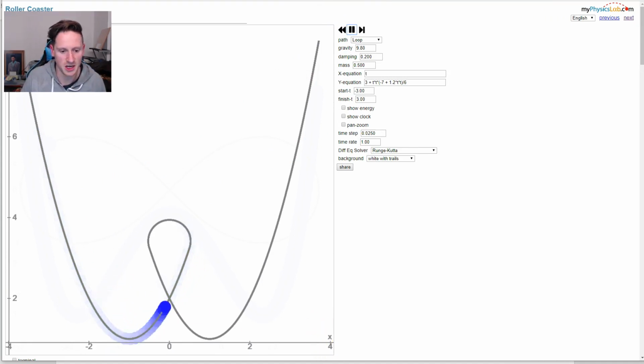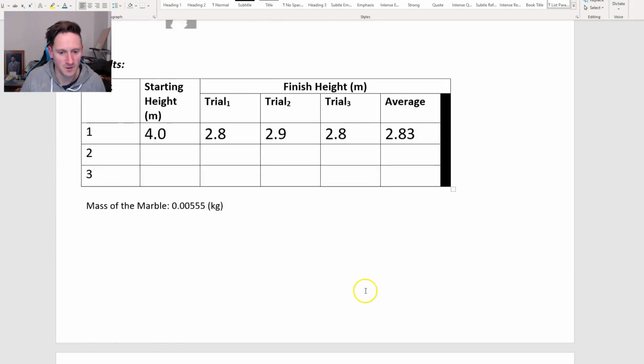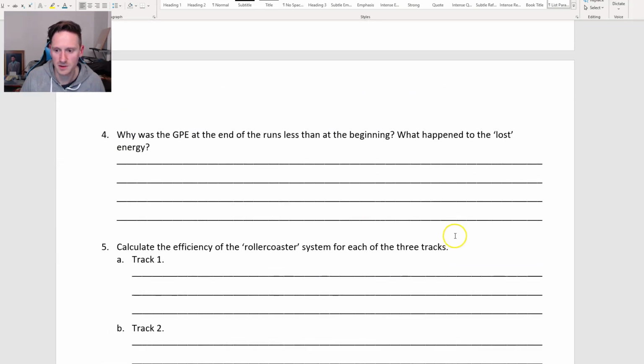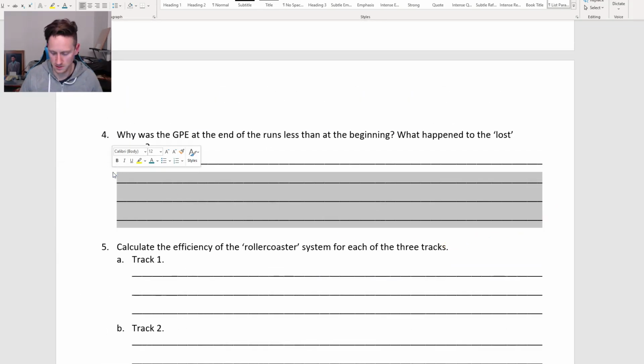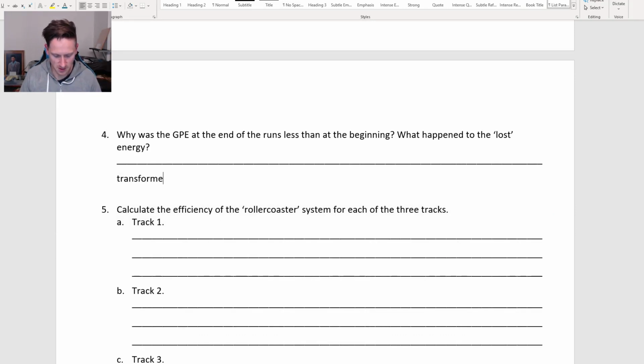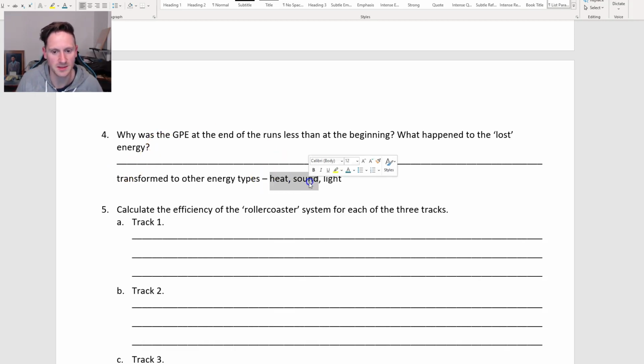So where is that energy going? It's being transformed, guys. It's transformed to other energy types, and they would be heat, sound mainly, maybe light. There might be other forms as well, but they're the main two, heat and sound, okay?